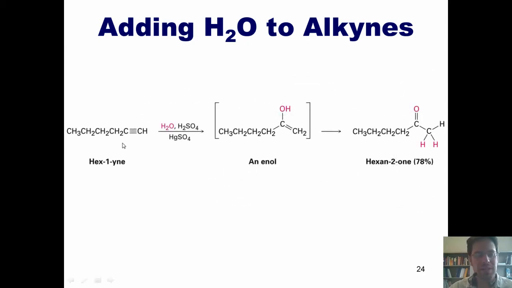What we do is we take our alkyne, we add acid, and the acid we usually choose is H2SO4 with water, and we have to add mercury sulfate as a catalyst. It forms an enol, placing the OH at the more stable internal position, and then this enol instantly tautomerizes to form a ketone. So the real mechanism is a little bit more complex than the one that I showed on the previous slide.